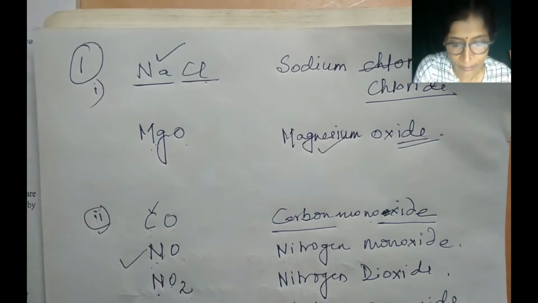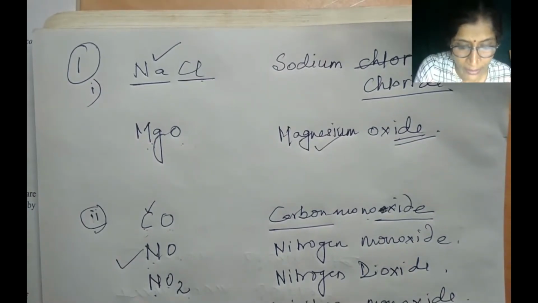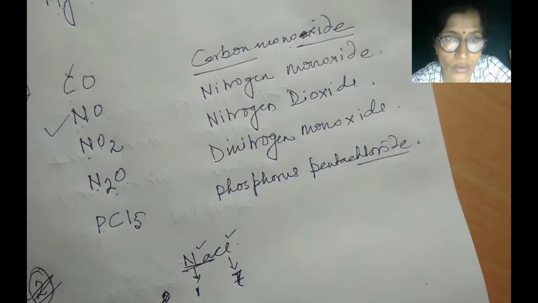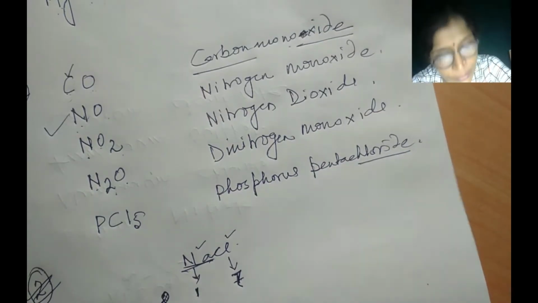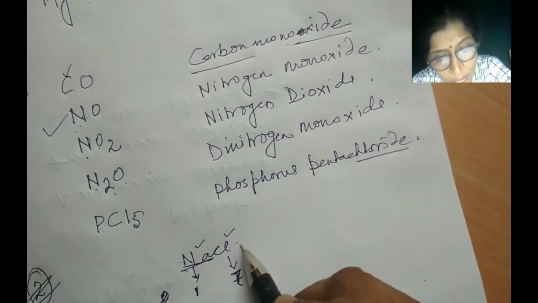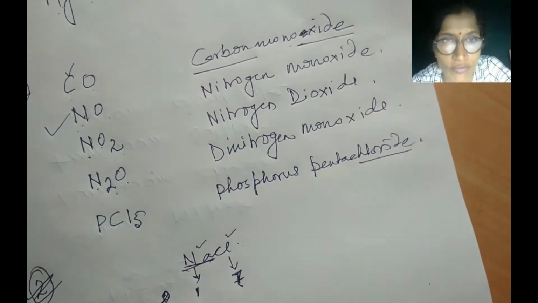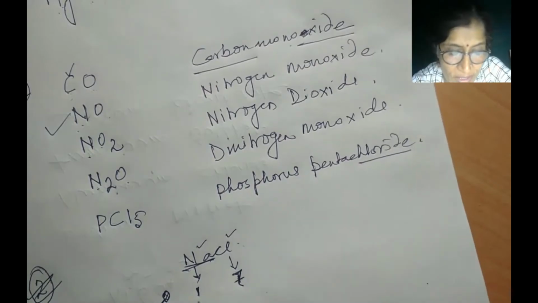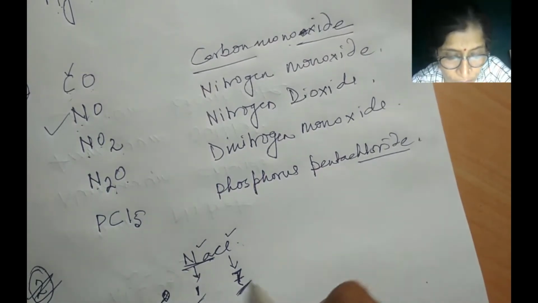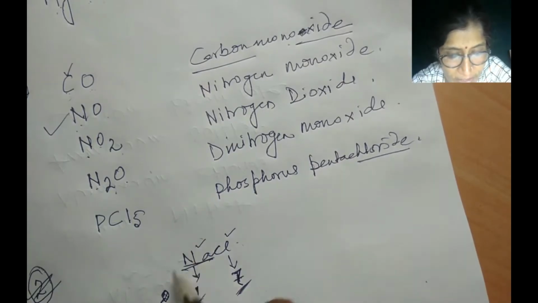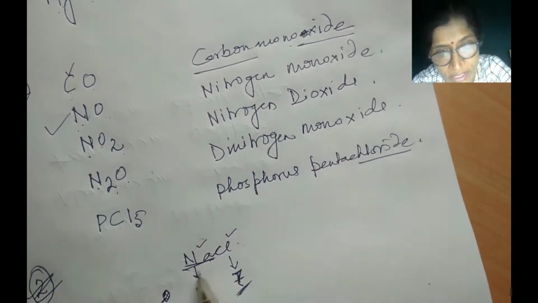I'm giving you an example, suppose NaCl. Its atomic number is 11, so the configuration is 2,8,1, so 1 electron in the last shell. Chlorine has atomic number 17, so the configuration is 2,8,7. It means it has 1 valence electron and it has 7 valence electrons. So which has fewer valence electrons? Sodium. So sodium we will write first and then chlorine.